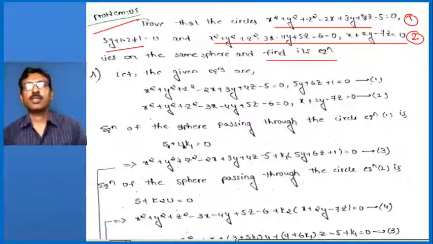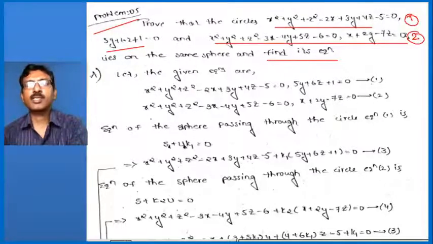That is, there is a particular sphere on which these two circles 1 and 2 lie.